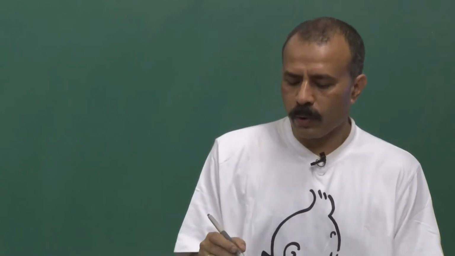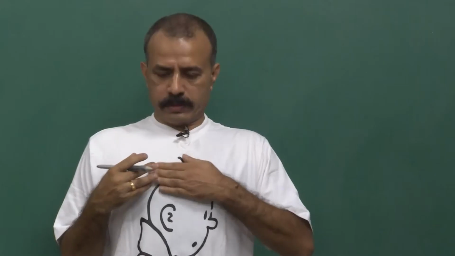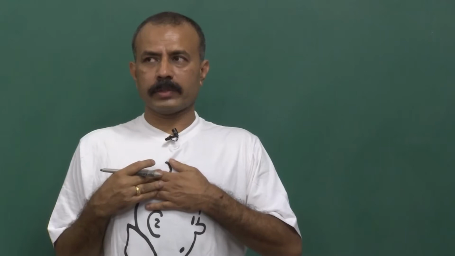So it is a closed loop system. This blue color indicates the blood coming back to the heart from all over the body. It can come from the upper part of the body, it can come from the lower part of the body, because your heart is sitting here, somewhere out here, precisely.